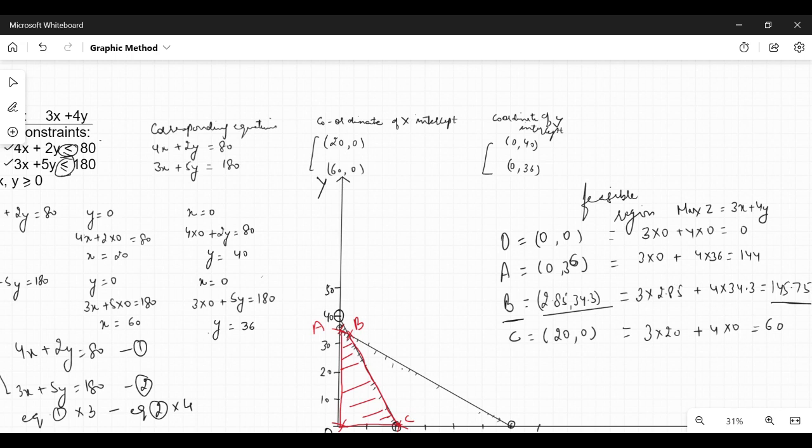So this is how we can say that the value for the maximization is 145.75, where the value of x is equal to 2.85 and the value of y is 34.3. So this way we are able to calculate the optimum value.